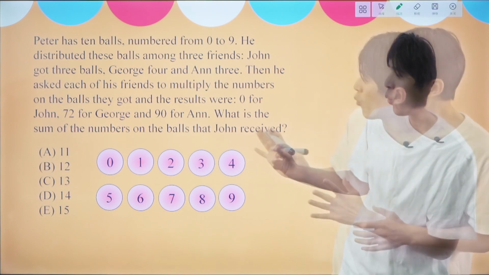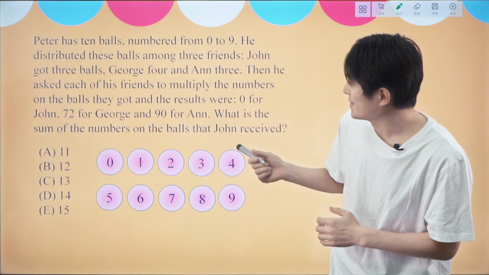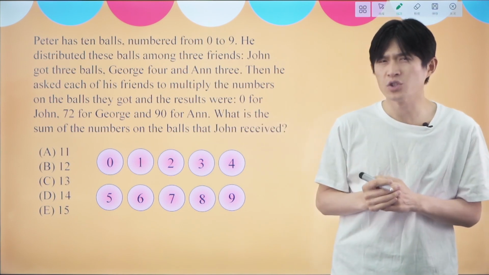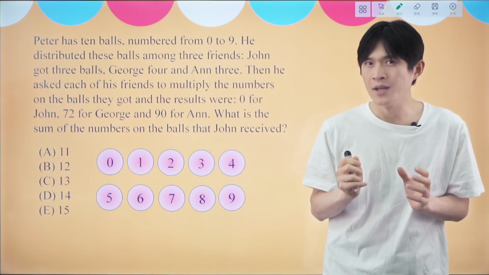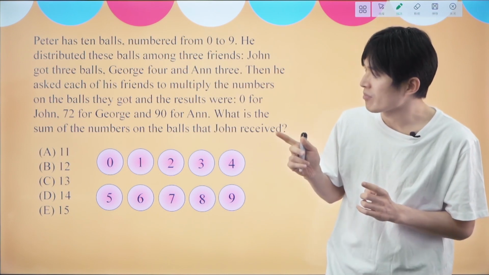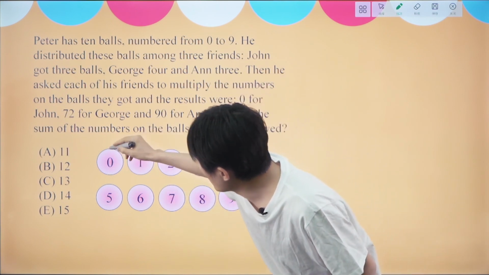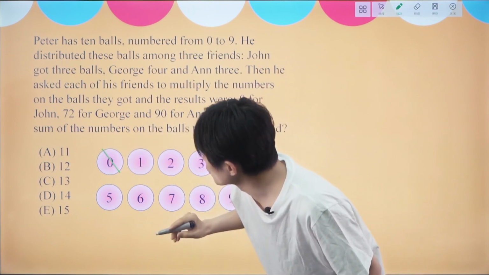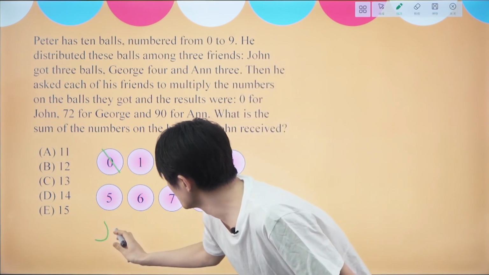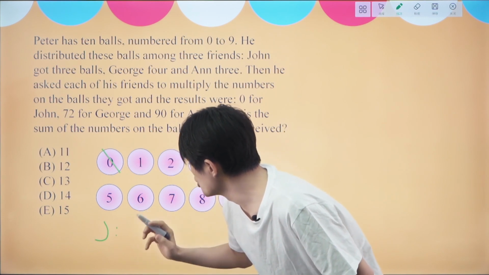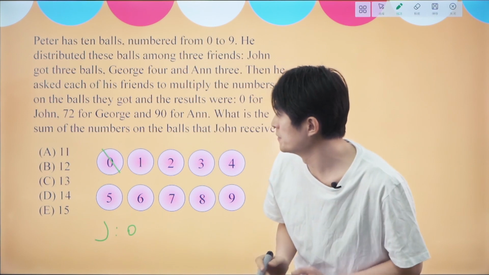And we know when you multiply the numbers and you get 0 for John, this means there must be 0 for John. So we say goodbye to 0. We use J to represent John. John has a number of 0.